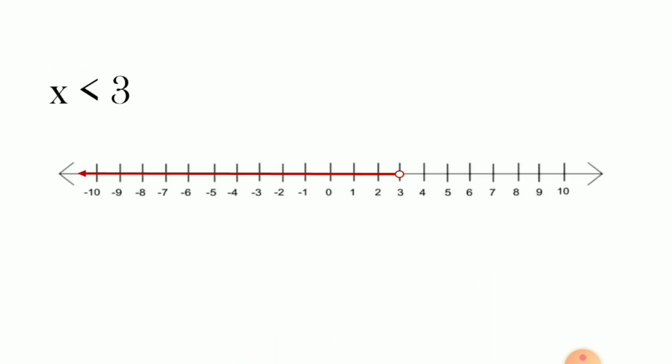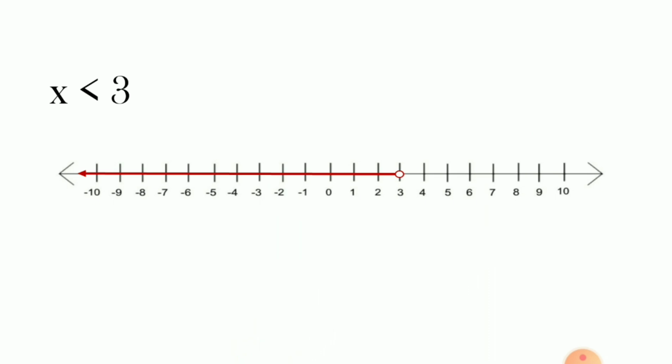Then let us graph it using the number line. So if we use the inequality less than or greater than, we use an open circle. Since the inequality we use is less than, therefore let us use an open circle. So as you can see, on our number line, on 3 we have the open circle.